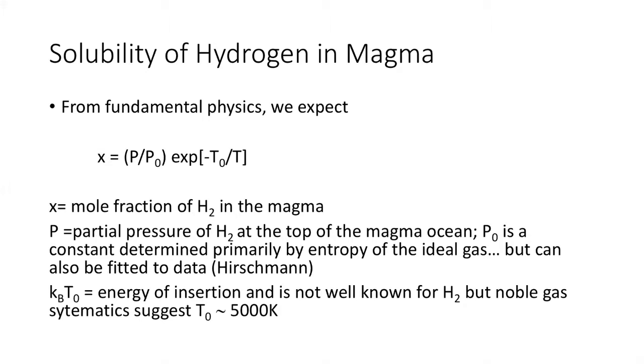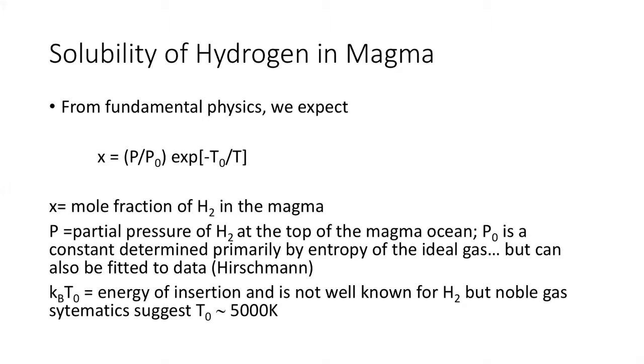And in thermal units, that's of order 5,000 Kelvin, although we don't know it very well. Our model is calibrated to the work of Mark Hirschmann, but petrologists on Earth don't care about really high temperatures. Maybe they should, but they don't usually.